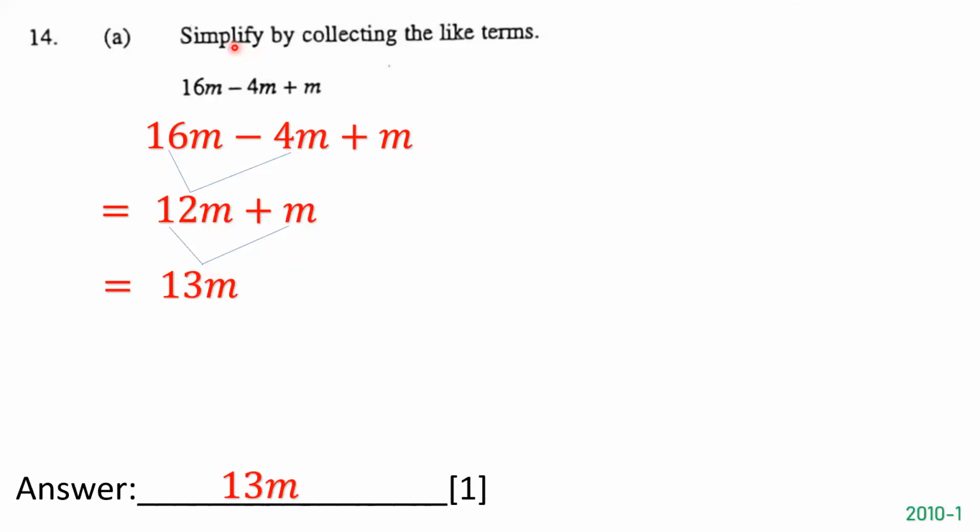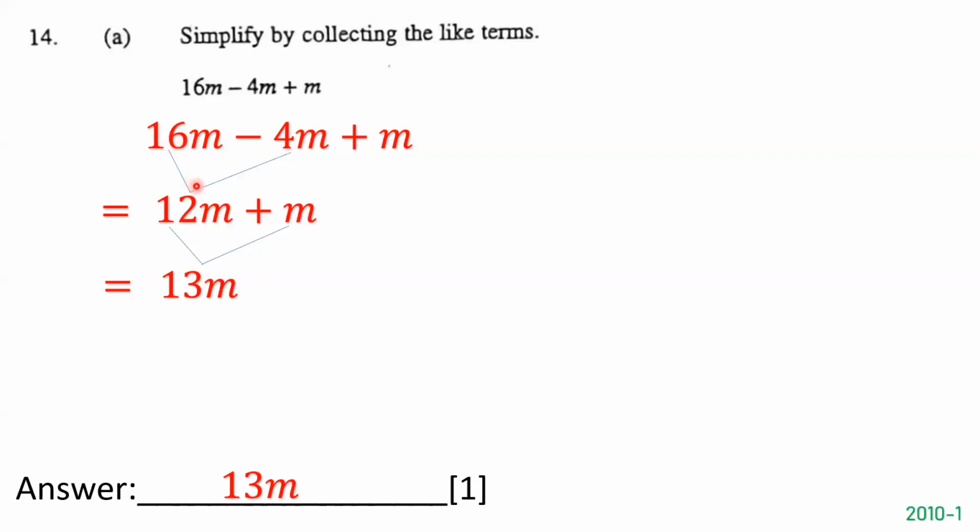It says to simplify by collecting like terms. The good thing about this one is that all of these are m's, so each of these terms are like terms. So we just add and subtract as normal. We say 16m minus 4m. 16 minus 4 is 12, and then you keep the m.